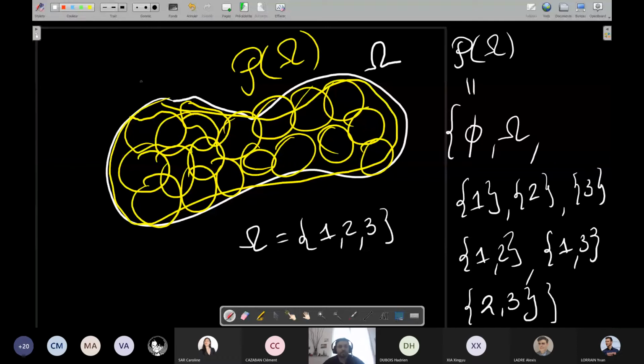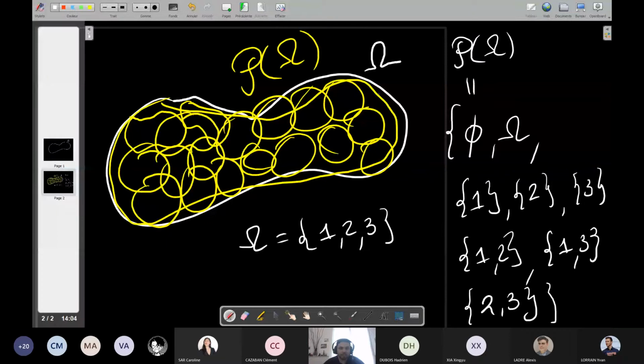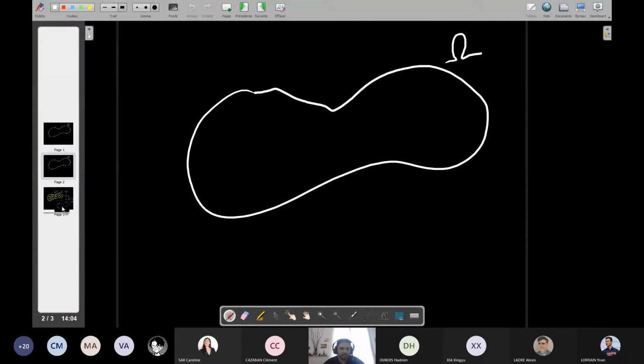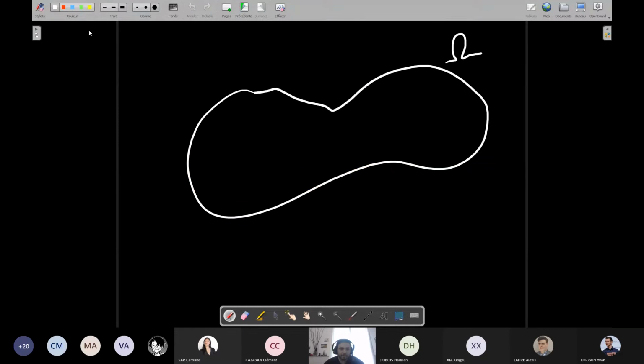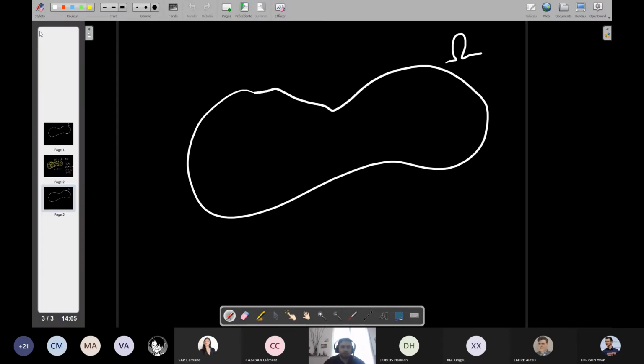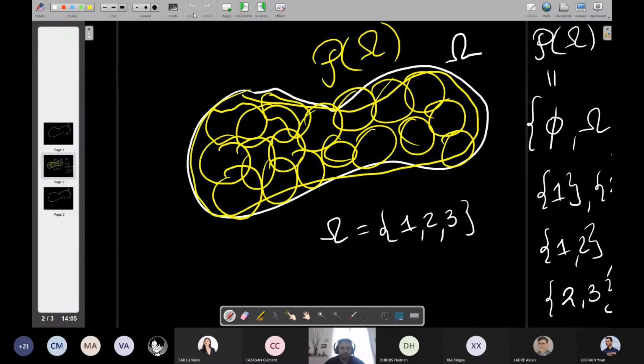And we said sometimes we can find some omega such that they contain some subsets that are not measurable. We cannot find the probability. So inside of this P of omega family, you can define a special family.